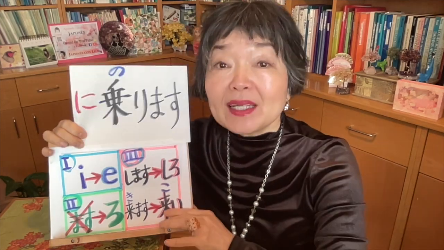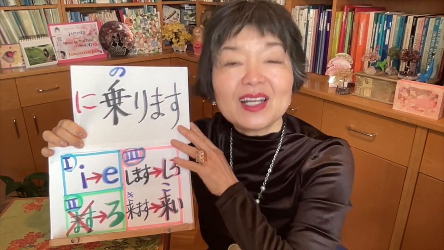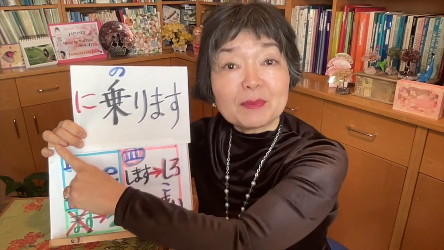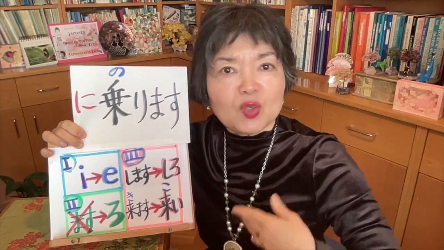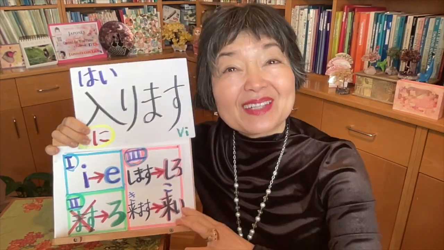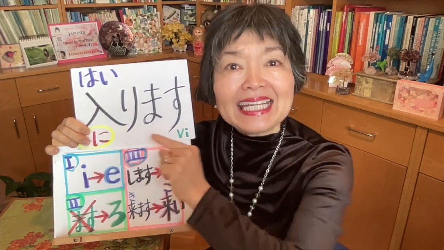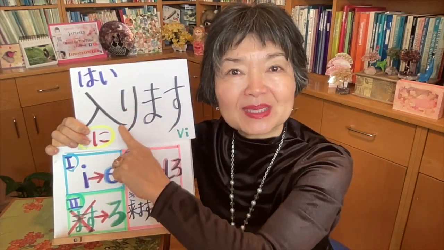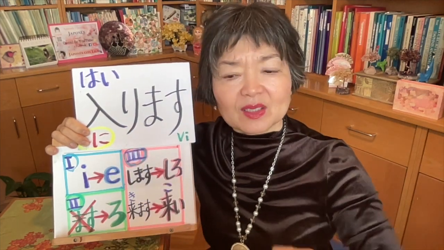The verb to get on, for example, to get on a bus, to get on a train, or get in a car, or to ride something, に乗ります. And if you say 乗れ, get on, or get in, 乗れ. The verb to enter, to go in, 入ります. So this must be れ. 入れ, go in.